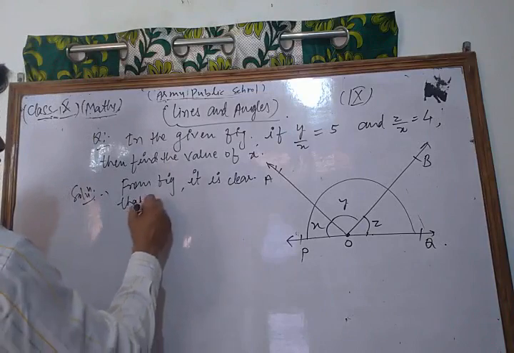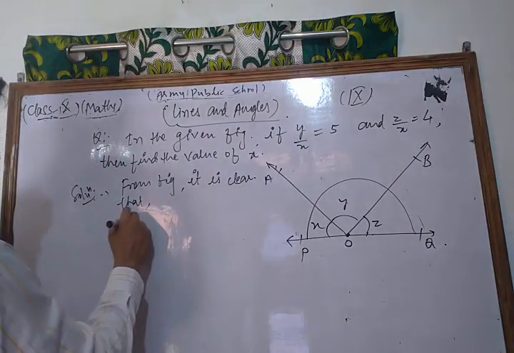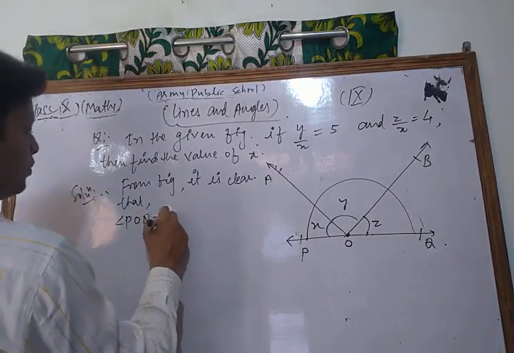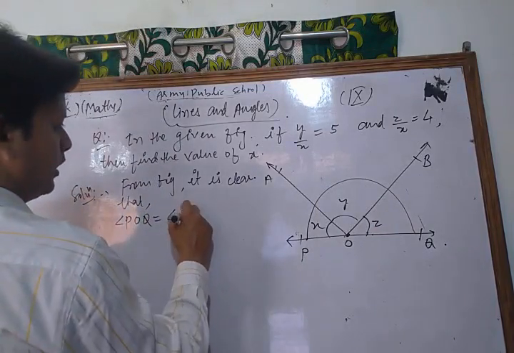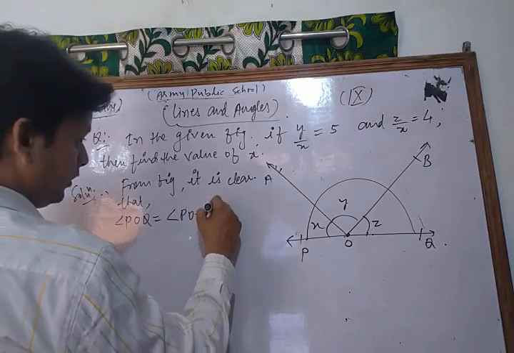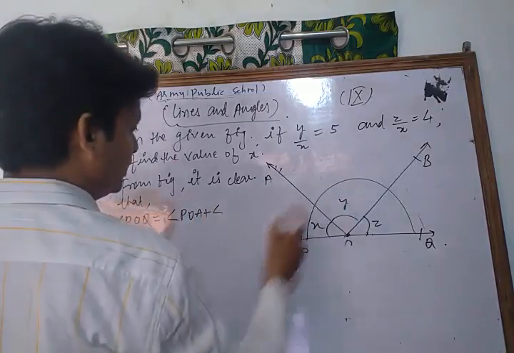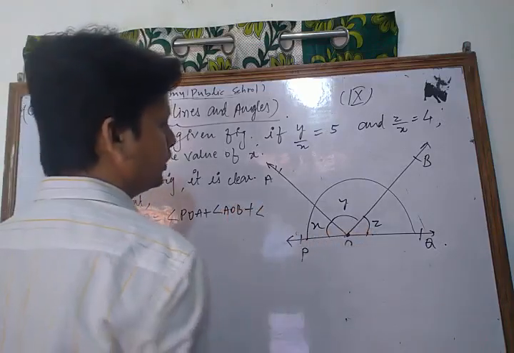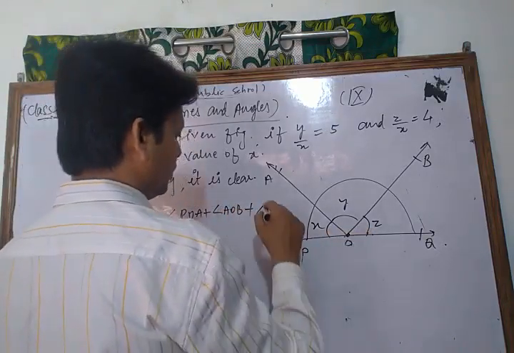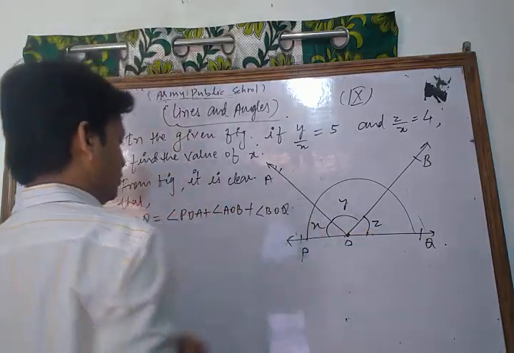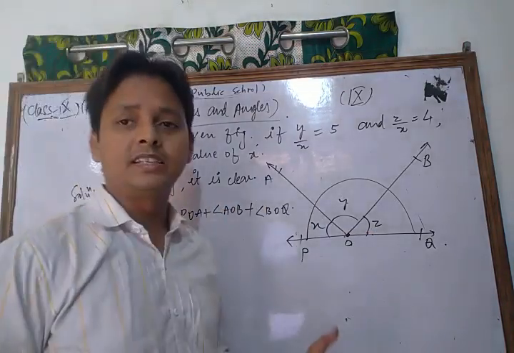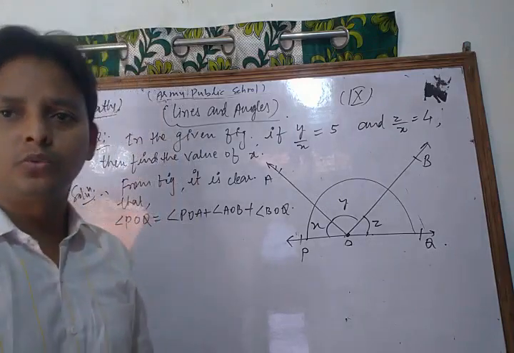meaning angle POQ. We know that angle POQ is a straight angle. Angle POQ is equal to the sum of the angles POA plus angle AOB plus angle BOQ. And you know that angle POQ is a straight angle, which is equal to 180 degrees.